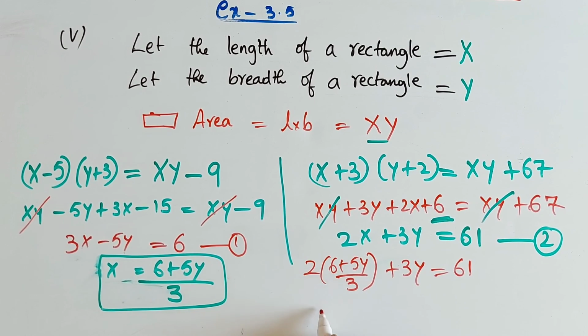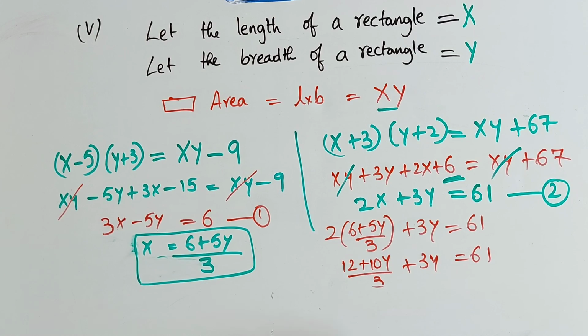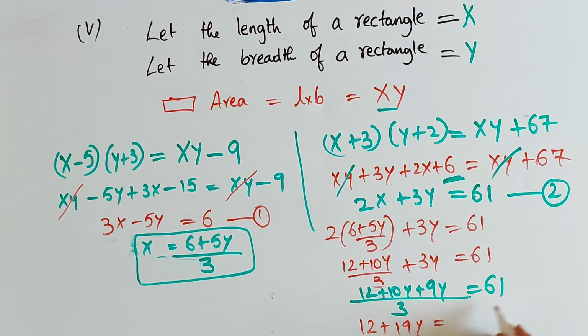Now 2 6s are 12 plus 2 5s are 10y, divided by 3, plus 3y equals 61. Let's take LCM as 3, children. From here 12 plus 10y and 3 into 3y, 9y, equals 61 into 3. Correct. So here 12 plus 19y equals 61 into 3, children, 183.